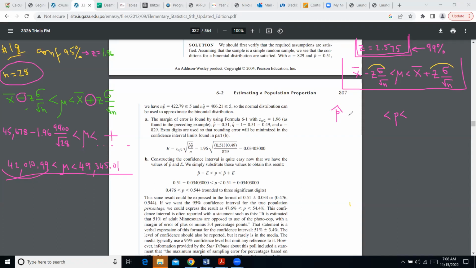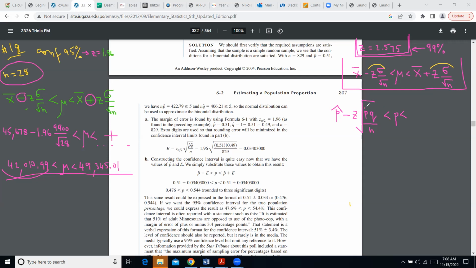So we have a formula which is very similar to the formula that we had for estimate of population mean. It's the so-called estimate of population proportion. And they have here the formula that has P, Q, divided by sample size N inside the square root.